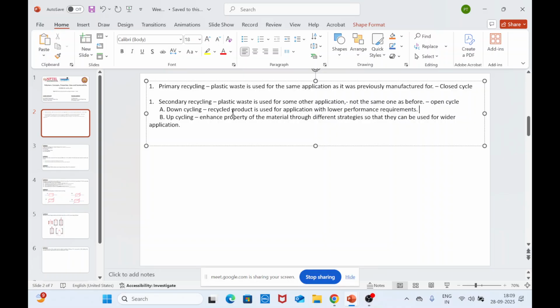Of course, as I said, through different strategies. Any idea on what could be these different strategies to enhance a property of the material? There can be multiple strategies, so any one or two from anyone.